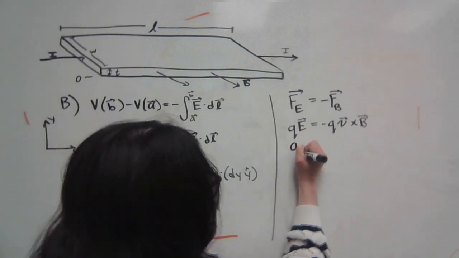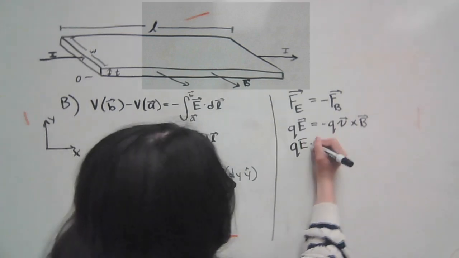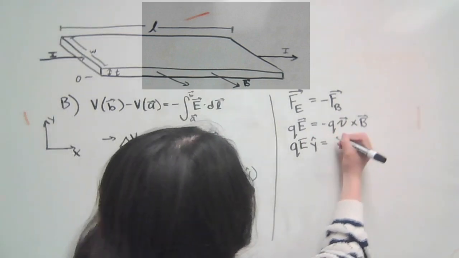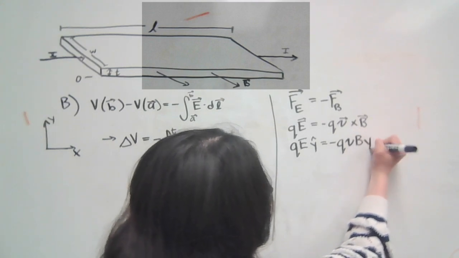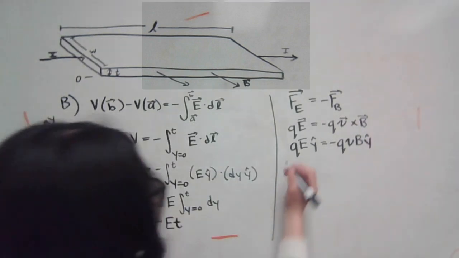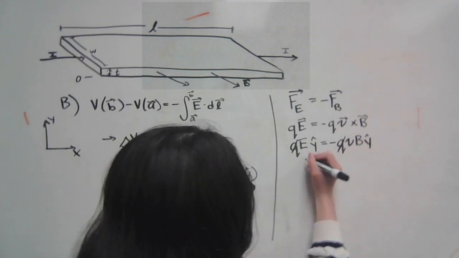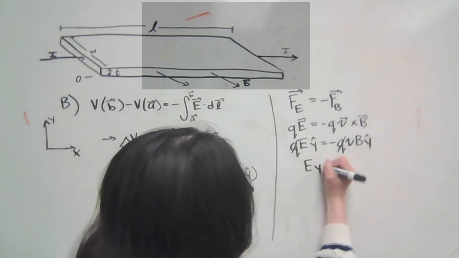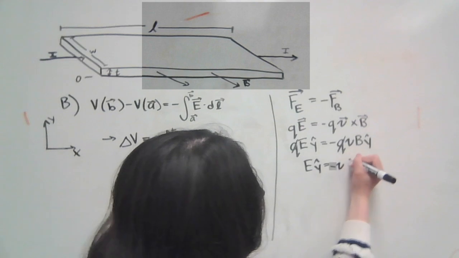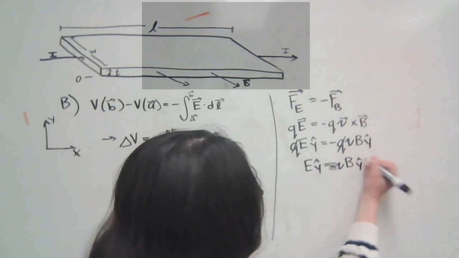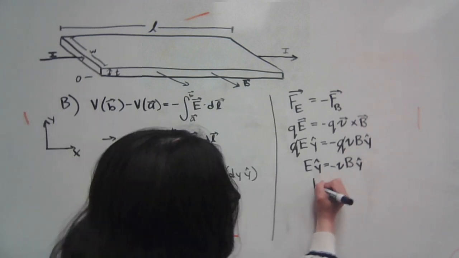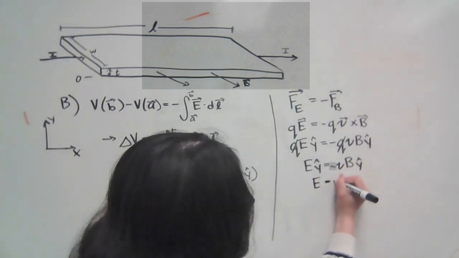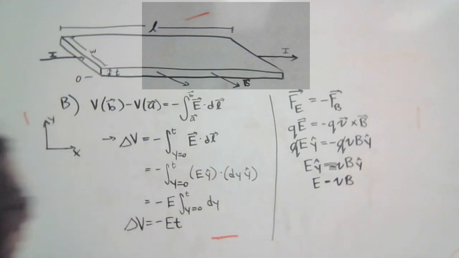So qE in the y-hat direction is equal to negative qvB in the y-hat direction. We can cancel the q, and get E in the y-hat direction equals negative vB in the y-hat direction. We then take the magnitude of this to get E equals vB.